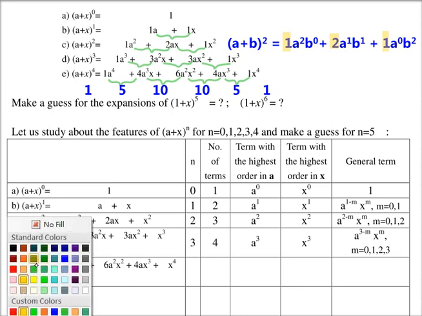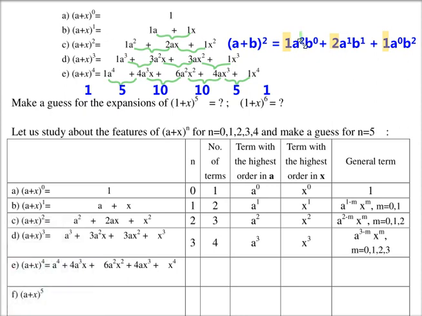You can see that for the power of a, it goes a squared, and then a to the power 1, a to the power 0. Get it? So the power of a is in descending order, 2, 1, 0. But the power of b is in ascending order. So the arrow here shows the power of b, that is the second term.